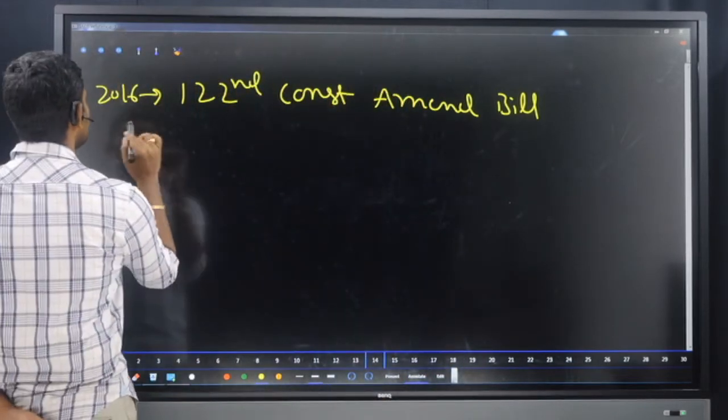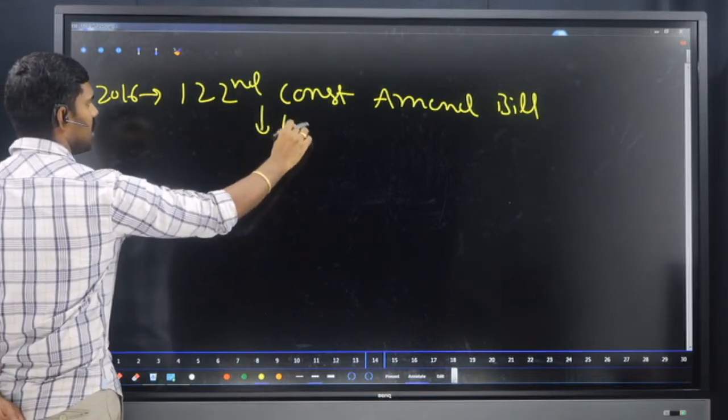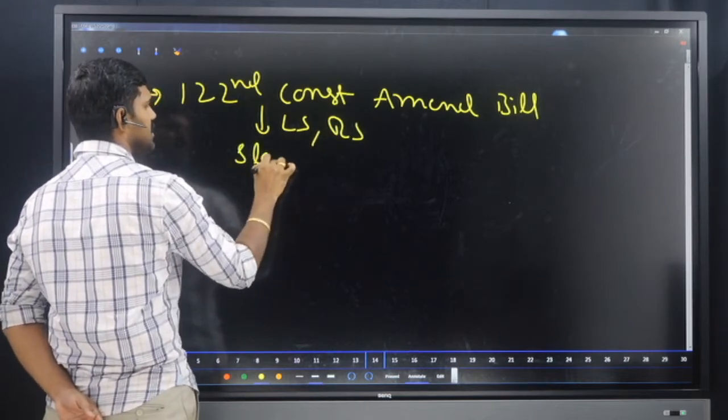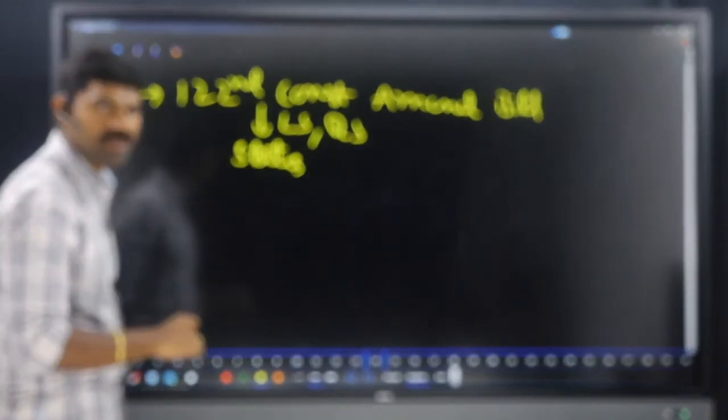One more important thing is that this was passed in Lok Sabha and in Rajya Sabha. It was sent to the states because this is a special constitution amendment bill.